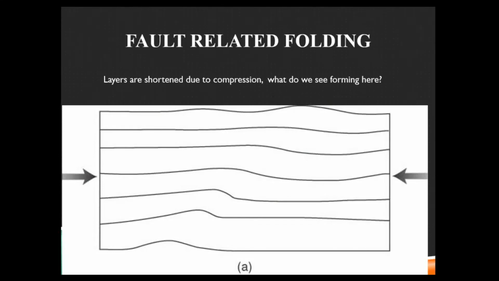Now, what are the steps that can lead to this en echelon joint array and the actual faulting? Well, we could have this bunch of layers here, sedimentary beds, and we have pressure from the east and west due to plate tectonics, and you can see it's starting to kind of kink and bend.